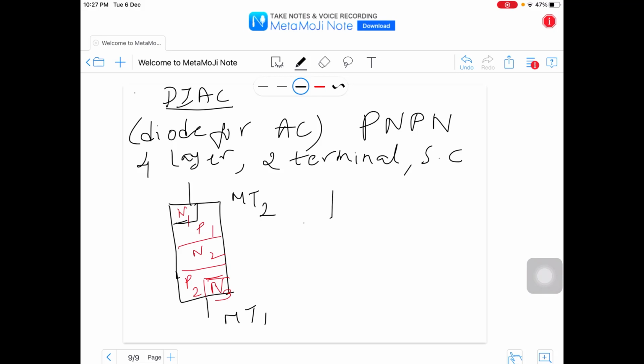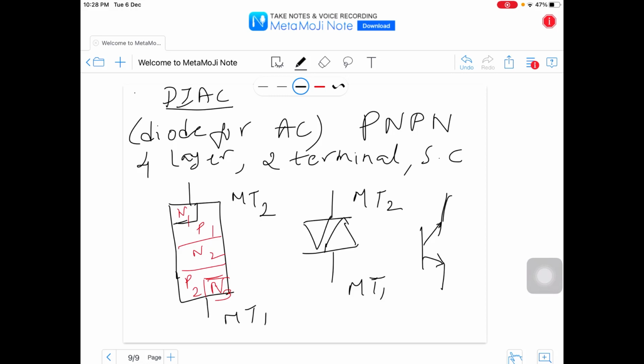I can indicate the device as two diodes connected in anti-parallel. This is how we can denote the diode, or in other words I can show it in this way also.